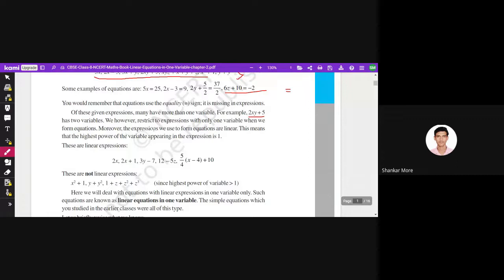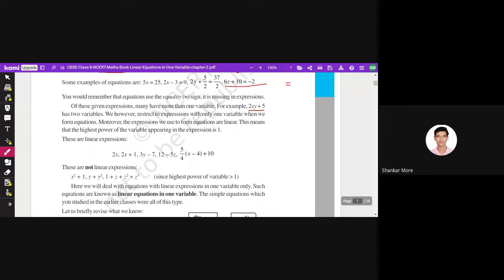However, we restrict to expressions with only one variable when we form equations. Moreover, the expressions we use to form equations are linear. This means that the highest power of the variable appearing in the expression is 1. Now what does that mean? हमारा जो कोई भी वेरिएबल है उस वेरिएबल की हाईएस्ट पावर शुड बी 1.